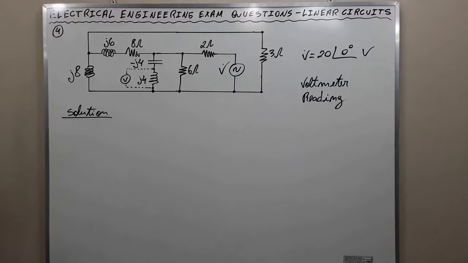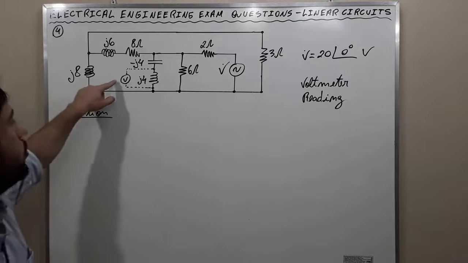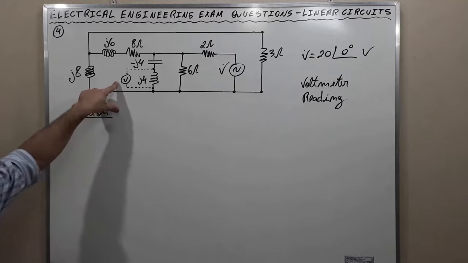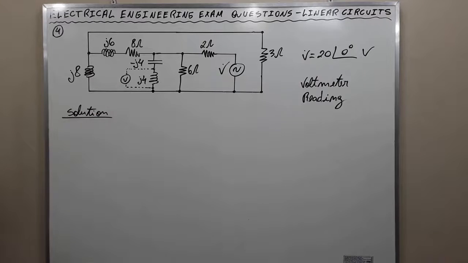Consider the circuit of the figure. The exercise asks us, what is the value read by the voltmeter? The voltmeter is here, and the exercise wants us to discover the reading of the voltmeter.